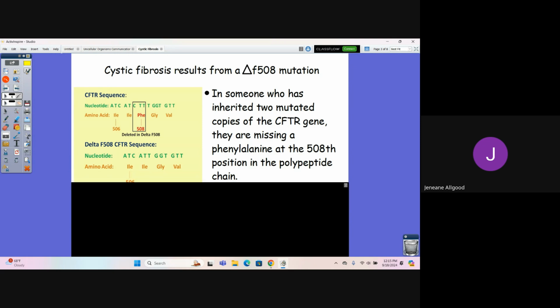So let's talk about genetic causes of CF.